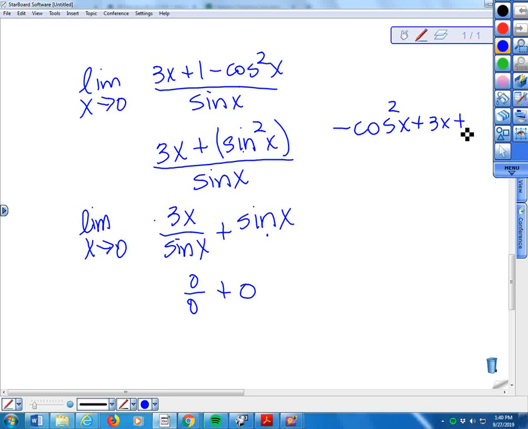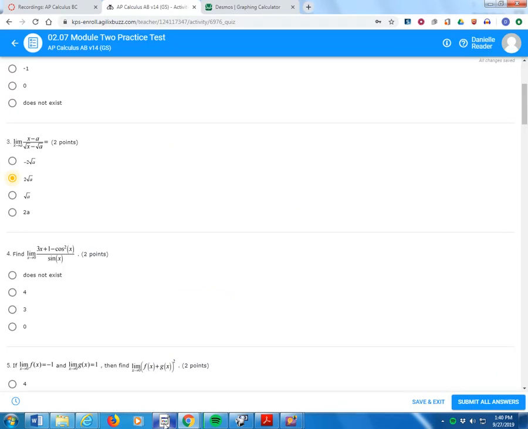I was just going to see, I can't factor anything. You can tell I haven't looked at these before I actually made this video, so I'm trying to decide if I call it undefined, because we can't simplify this any further. Let's see what the choices are. Does not exist, 4, 3, or 0.